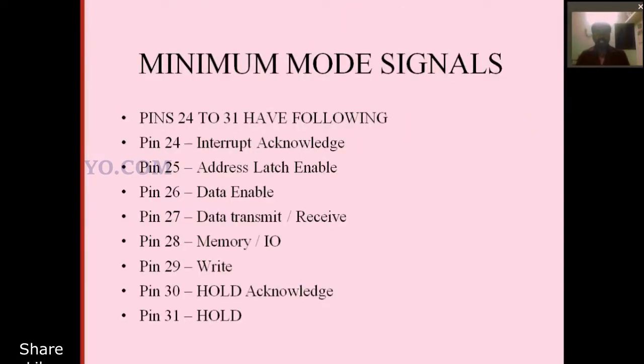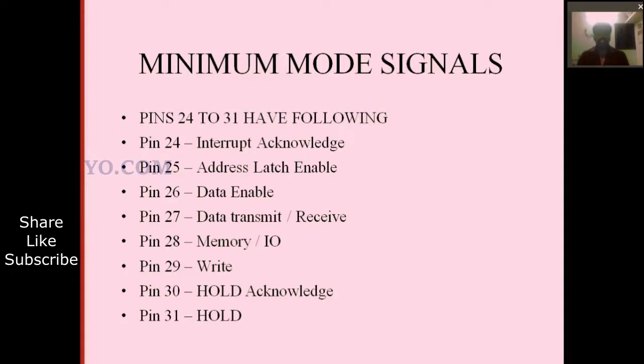Before seeing that, we are going to see the signals of maximum mode and minimum mode. First we are going to see the minimum mode signals. Pin numbers 24 to 31 have multiple functions. Pin 24 is interrupt acknowledge, pin 25 is address latch enable, pin 26 is data enable, pin 27 is data transmit or receive, DT/R.